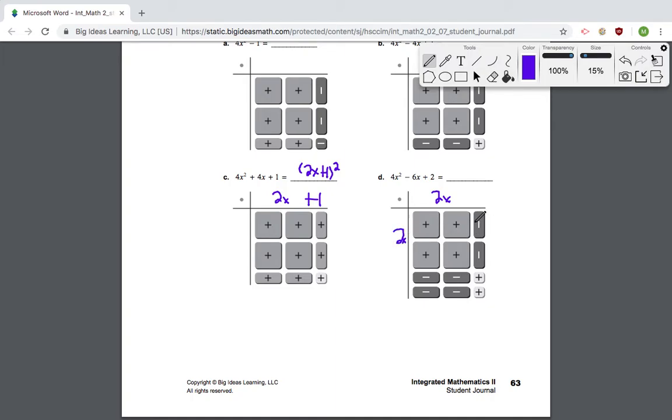What do I multiply 2x by to get negative 2x? That's a negative 1. And what do I multiply 2x by to get negative 4x? That would be negative 2. This is not a special product pattern. But here's the factored form of it: 2x minus 1, 2x minus 2. That's all it is.